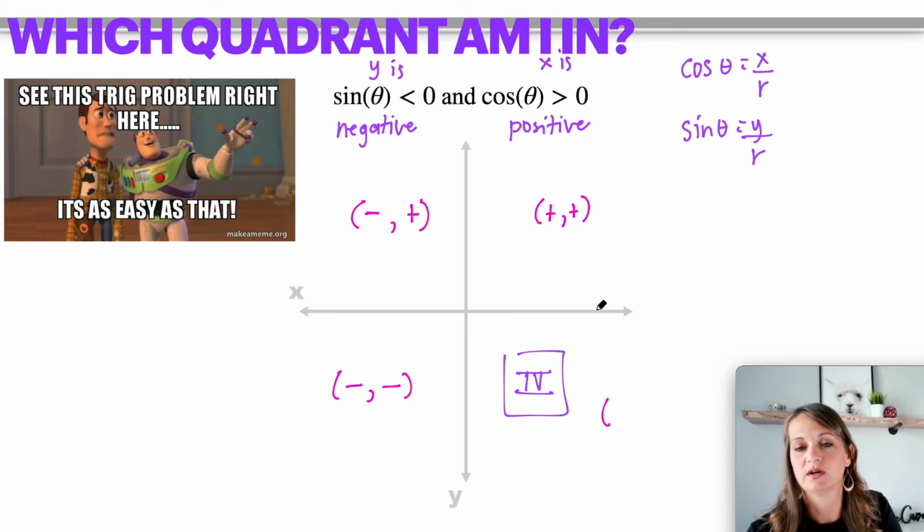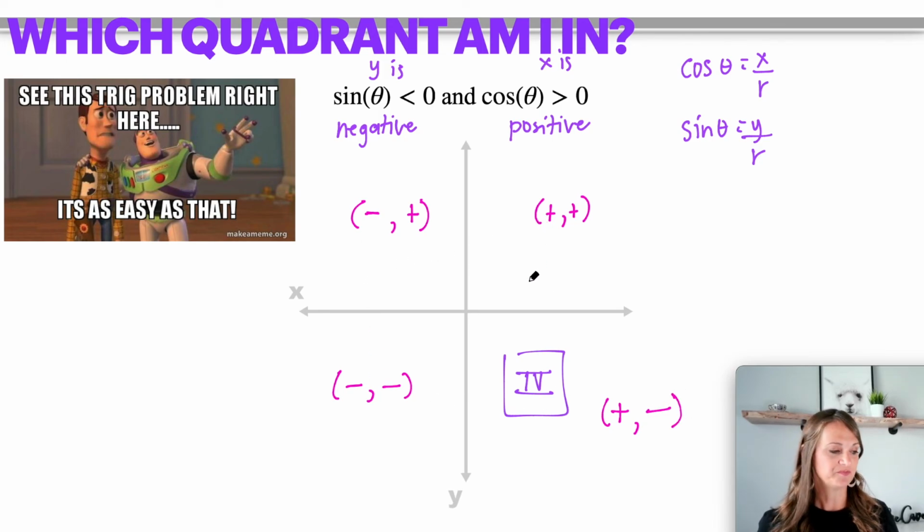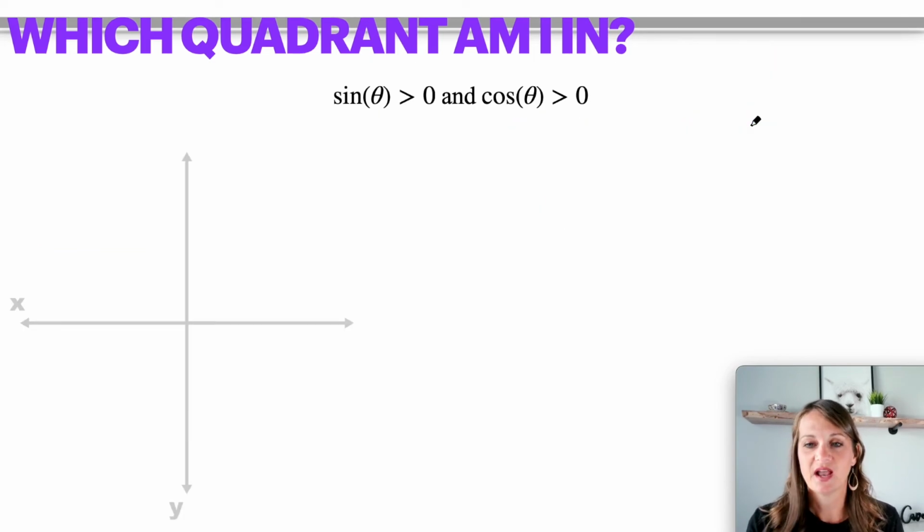And then quadrant 4, I went positive on my x, but I had to go down, which is negative. So these are the negative and positive signs for sine and cosine. Again, cosine, if you notice, deals with x values. Sine deals with y values all the time. So I want you to attempt this one. So pause the video, try to do it, and then resume to get the answer.